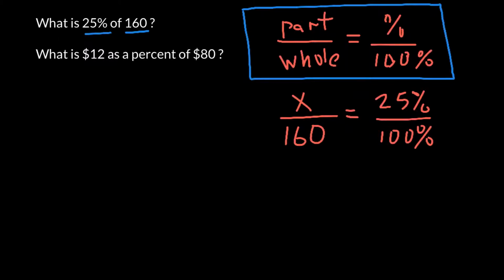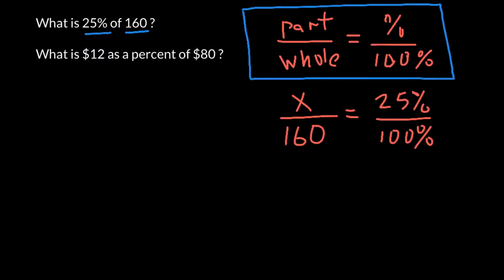We have 4 corners here, so 1, 2, 3, 4, and we have to find 2 known corners which we can cross multiply. For example, we cannot cross multiply these 2 corners because here is an unknown number, but we can cross multiply these 2 numbers.